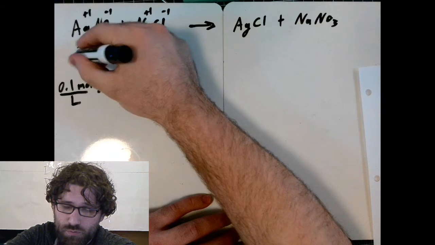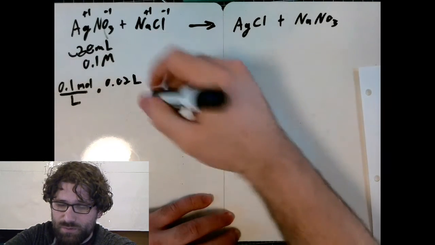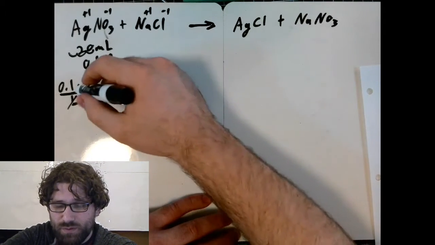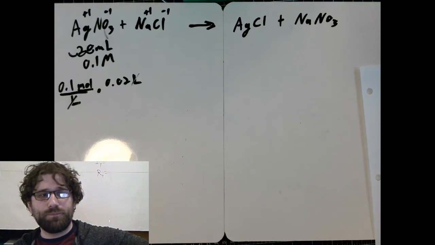It's going to be 1, 2, 3. So it's going to be 0.02 liters. That'll cancel out our volume, and we'll be left with just moles. So we're going to take 0.1 times 0.02.